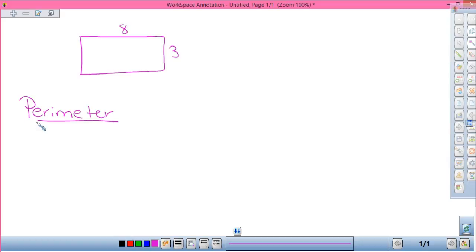That's area. 24. Okay, but what is the formula for perimeter? 2W. 2 times the width, plus 2 times the height or the length or whatever you want to call it.